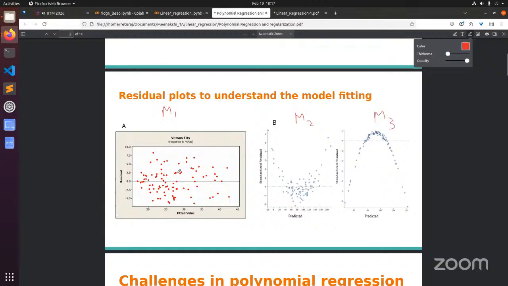Model 1 is some degree k polynomial, model 2 is a different degree polynomial, and model 3 is yet another degree polynomial. Assume A, B, and C are residual plots. Which plot do you think is a better fit?